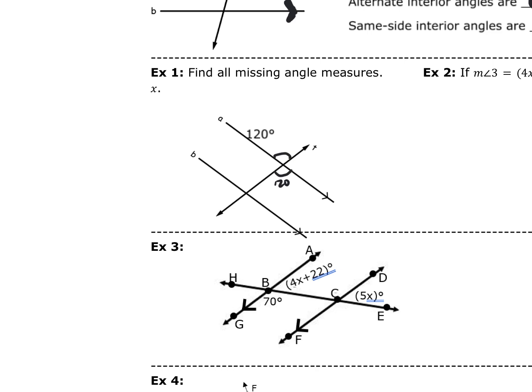And then I also know that linear pairs form 180 degrees, so that means that this angle here is going to be 60 degrees. And then this vertical angle means that's going to be 60 degrees as well.